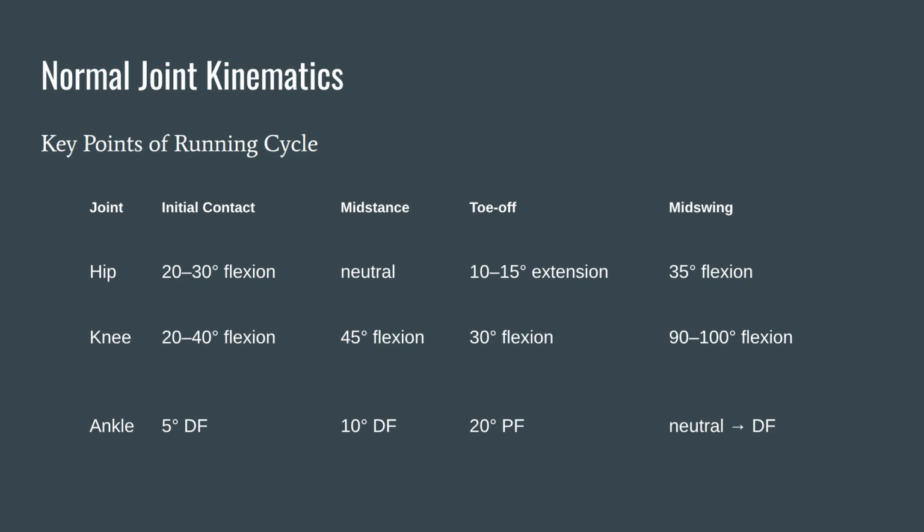During mid-stance, knee flexion increases to around 45 degrees to absorb load, while the ankle dorsiflexes further. At toe off, hip extension reaches 10 to 15 degrees and ankle plantar flexion peaks around 20 degrees.